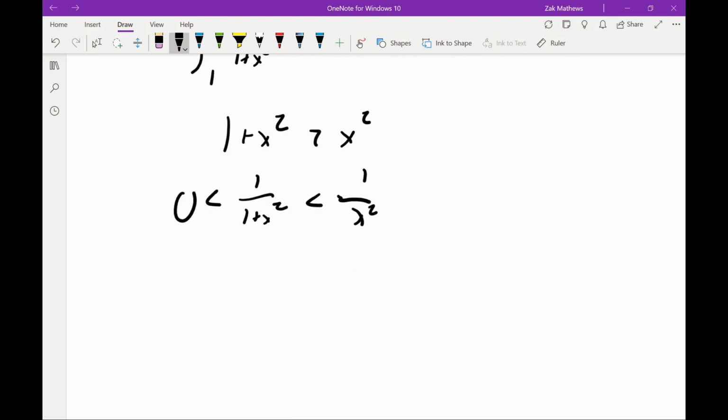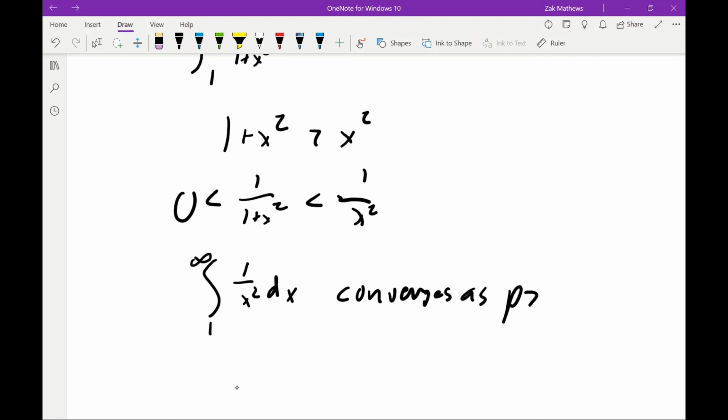And so the integral of 1 over x squared dx from 1 to infinity converges as the p-value is greater than 1. This is that p-value problem that we tested out before. Converges as p is greater than 1.